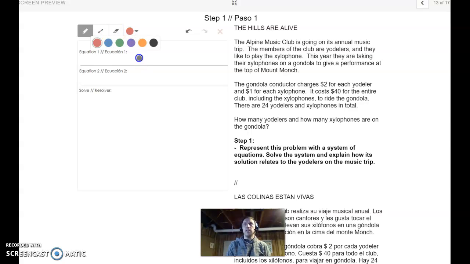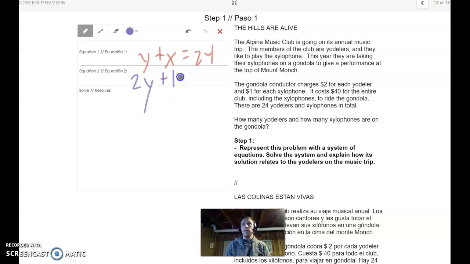My first equation, I wrote y plus x is 24. Remember, that's yodelers plus xylophones is a total of 24. And then the second equation was 2 times y, $2 for every yodeler, plus $1 for every xylophone, was equal to $40.